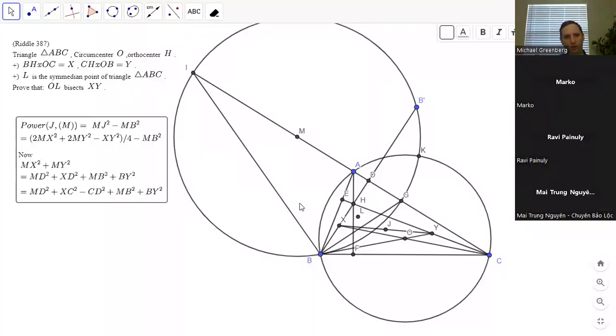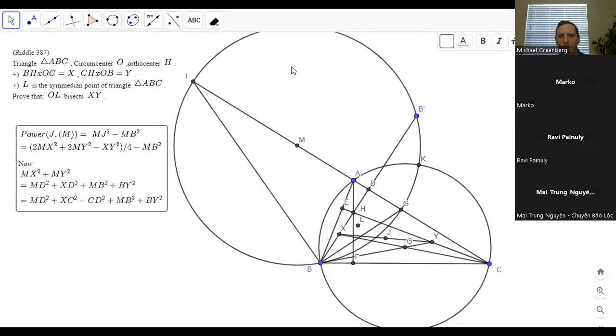So, XY, let's see. The MB squared will be eliminated.